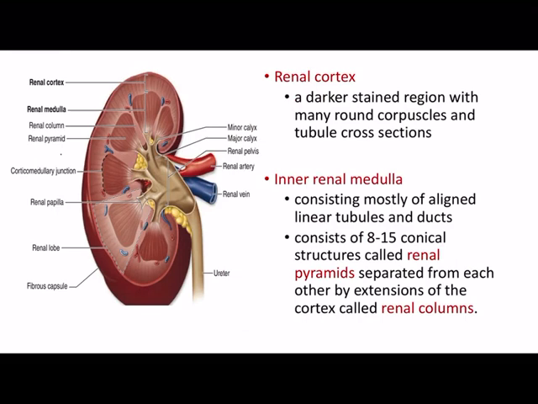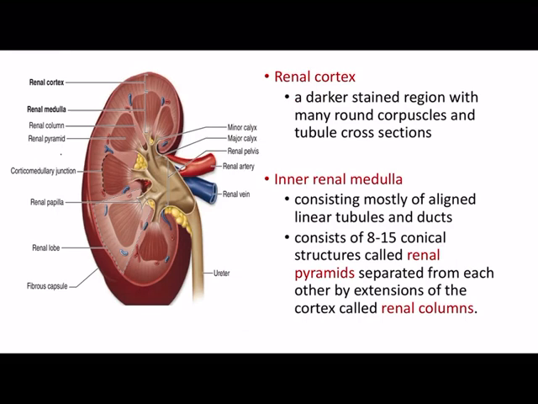Your renal cortex is a darker stained region with many round corpuscles and tubules in cross-section. Your inner medulla, or your renal medulla, consists mostly of aligned linear tubules and ducts.